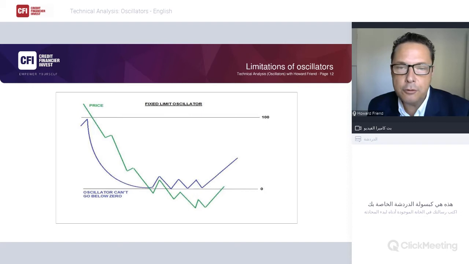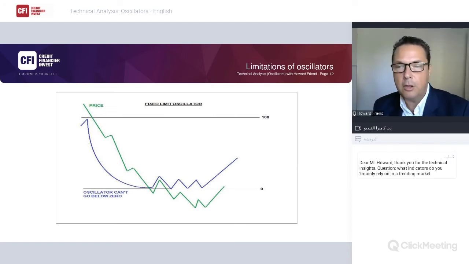Okay, so just to give you a bit of a graphical illustration of the limitations of oscillators. So this is what a fixed limit oscillator looks like. Now we're talking about things like stochastics and RSI, where they're plotted literally between 0 and 100. You can't go above 100 and you can't go below 0 on these oscillators. So what you'll find is in a downtrend, the price in green here is trending lower, making lower highs and lower lows.